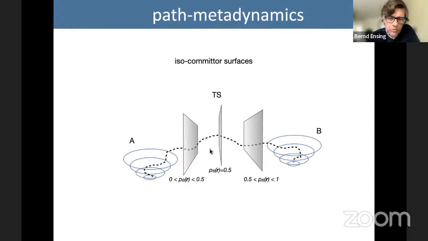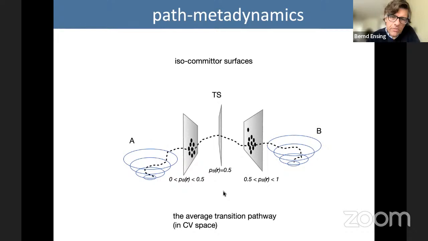So this is an interesting concept because now we can ask ourselves, well, if we have these hyperplanes and we would launch many trajectories, we can actually look in each plane, where do we cross, right? So where is the maximum flux in all of those hyperplanes? If we connect all the points in all these planes, we will get, of course, the average transition pathway.